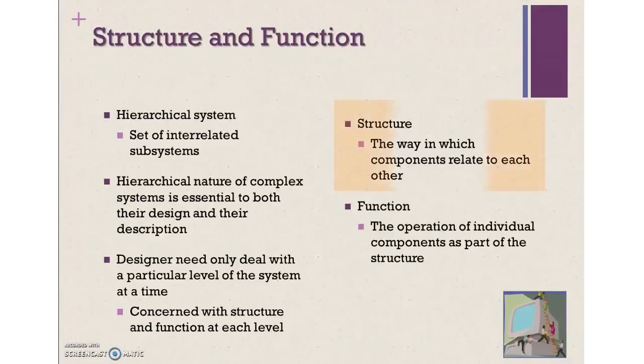Structure means the way in which the components are interrelated, while function is the operation of each individual component as part of the structure. In terms of describing, we have two choices: starting at the bottom and building up to a complete description, or beginning with the top view and decomposing the system into subparts.